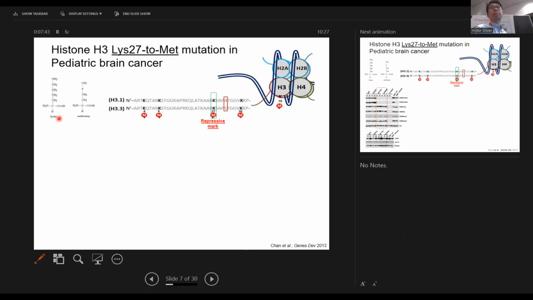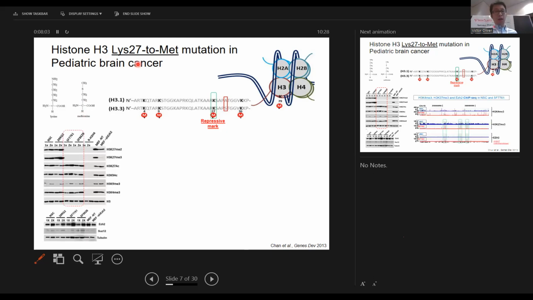Lysine can be modified by methylation, acetylation, ubiquitination, and so on. But methionine has not been shown to be modified by any of the enzymes. So how does this lysine to methionine substitution affect gene expression and subsequently cancer development? At that time, when I was a postdoc at the Mayo Clinic, we collaborated with some clinicians and received some patient samples.